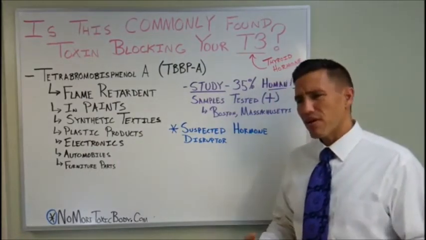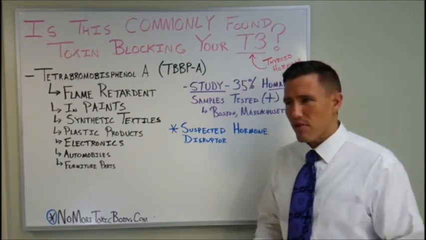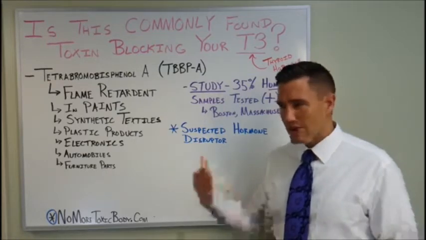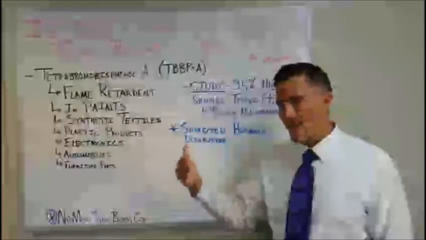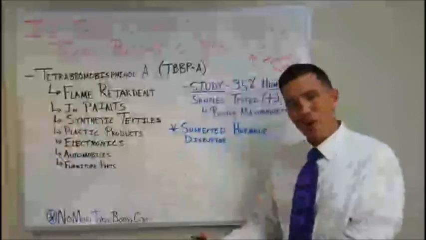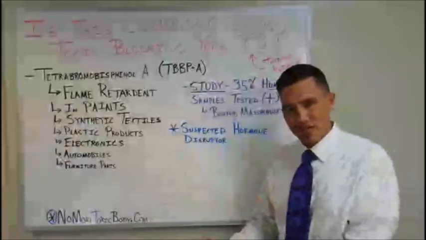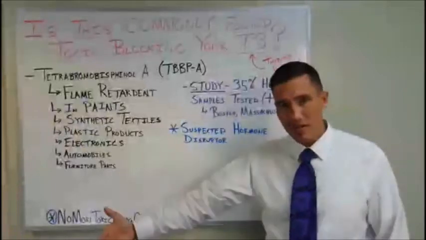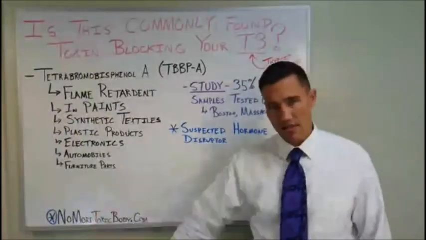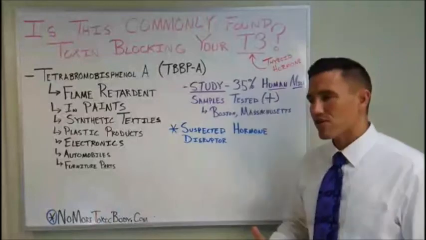But developmentally, T3 hormone's critical. So might our children be getting exposure to this, and it's causing them to not be sensitive to thyroid hormone, and therefore not have optimal development?